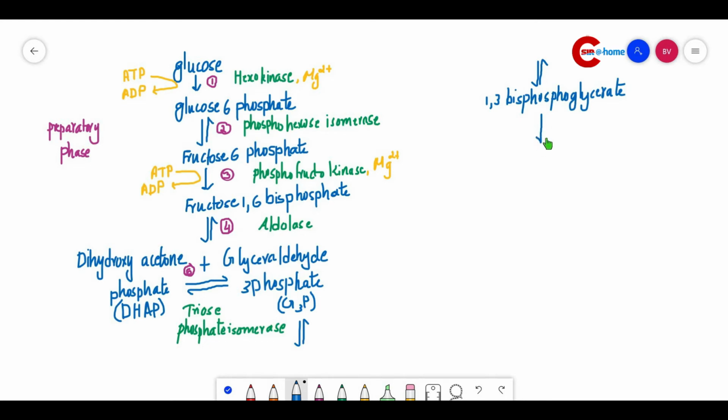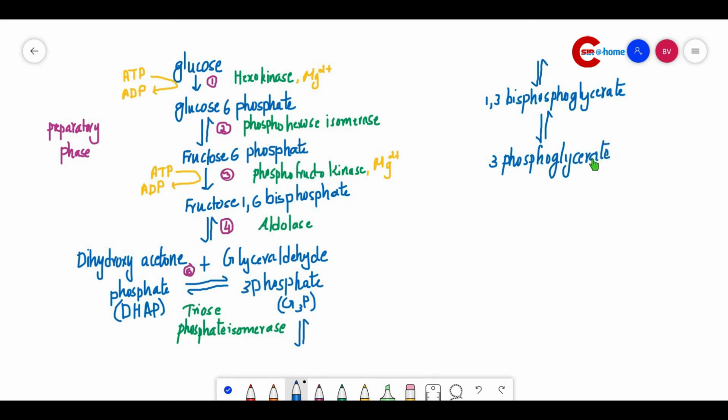So glyceraldehyde 3-phosphate is first converted into 1,3-bisphosphoglycerate. That is a reversible reaction, and this one is then converted into 3-phosphoglycerate. This one is also a reversible reaction.